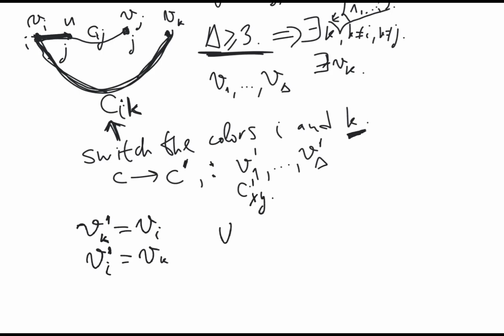So u now must belong in the new coloring to the connected component Cjk, right? Because it itself has color j, and it is connected to vi, which is vk prime. So in this prime coloring C prime, it must belong to this connected component Cjk prime.